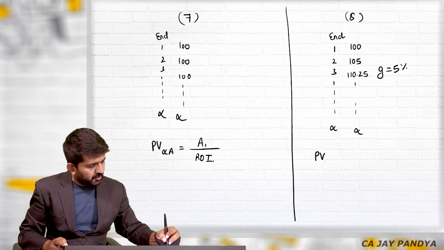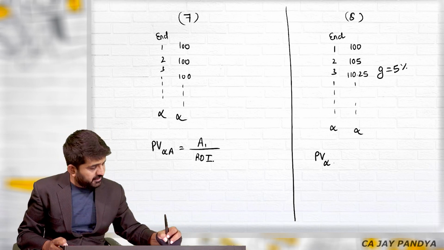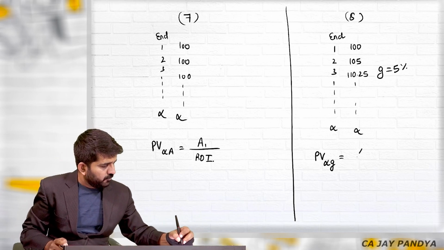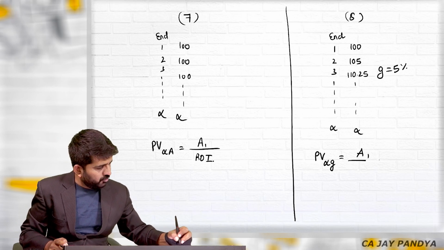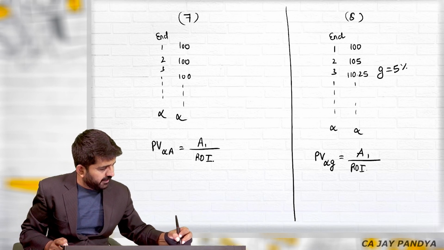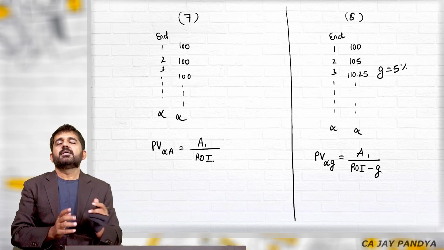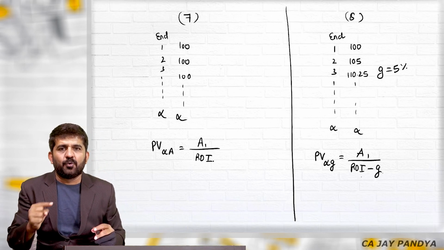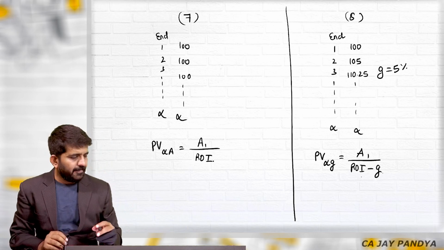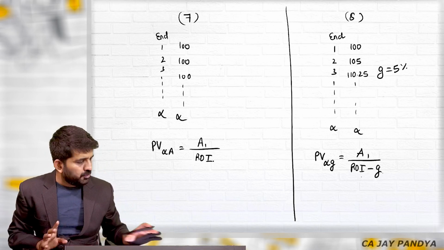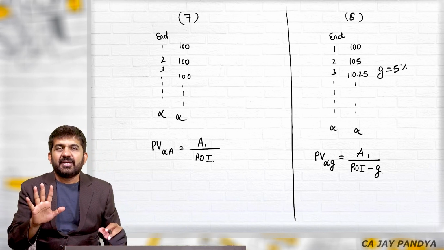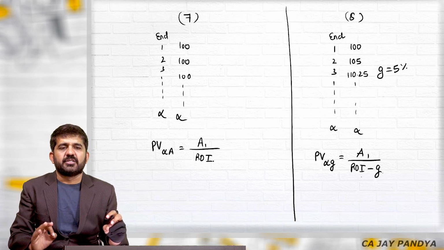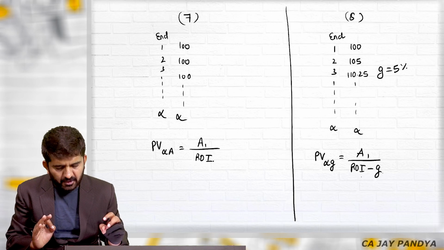Can I find out present value of infinite cash flow which is having a similar growth rate? The answer is yes, which is amount of first year divided by rate of interest minus G. So category number 1, 2, 3, 4, 5, 6 questions. 7th and 8th questions category. 8 questions will absolutely clarify your concept of time value of money.